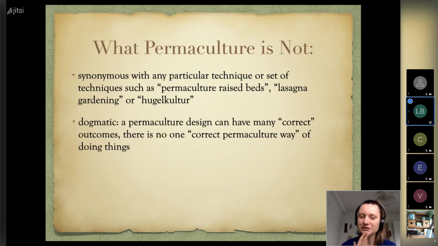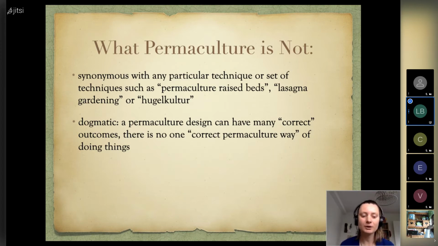Another thing that permaculture is not is dogmatic. The result of a permaculture design process can look different. There are many correct outcomes of a design process. There is not one correct permaculture way of doing things. If you think of a landscape, like a backyard or a farm, if I designed it as a permaculture designer, it would look different than if someone else designed it who was a permaculture designer.